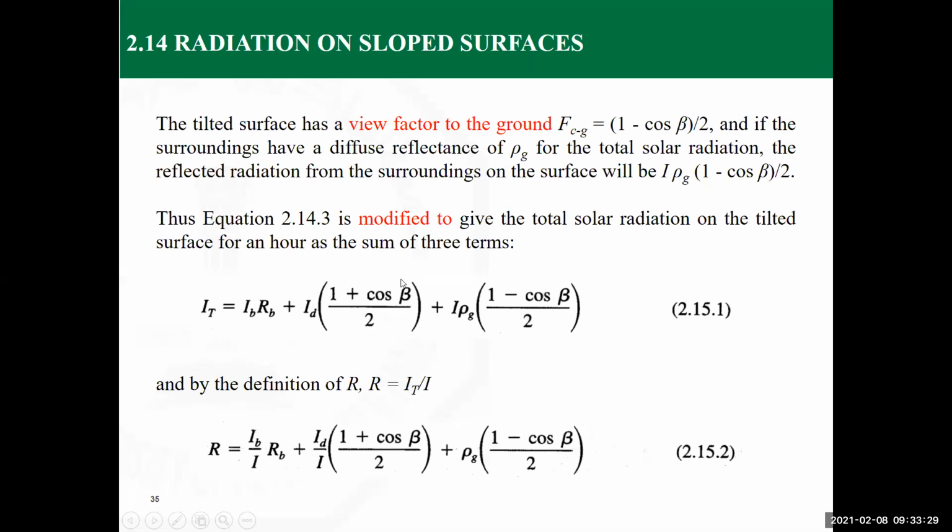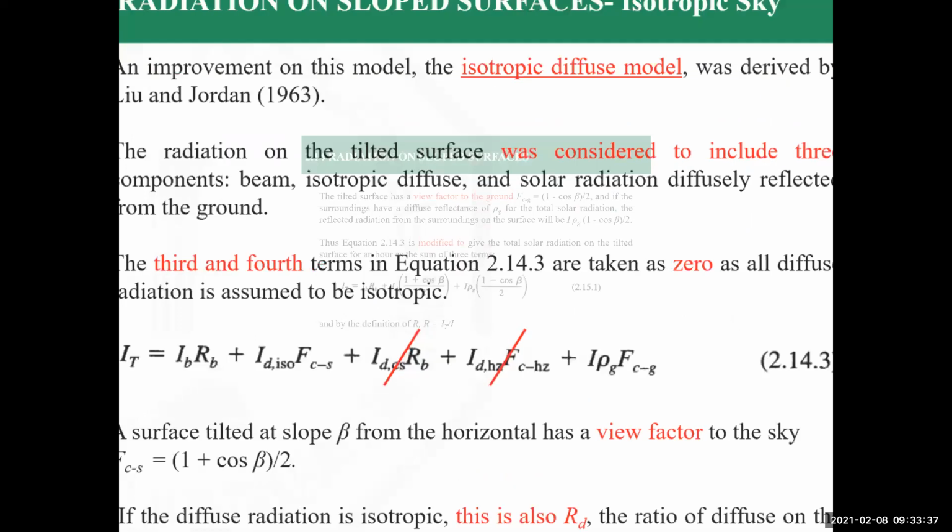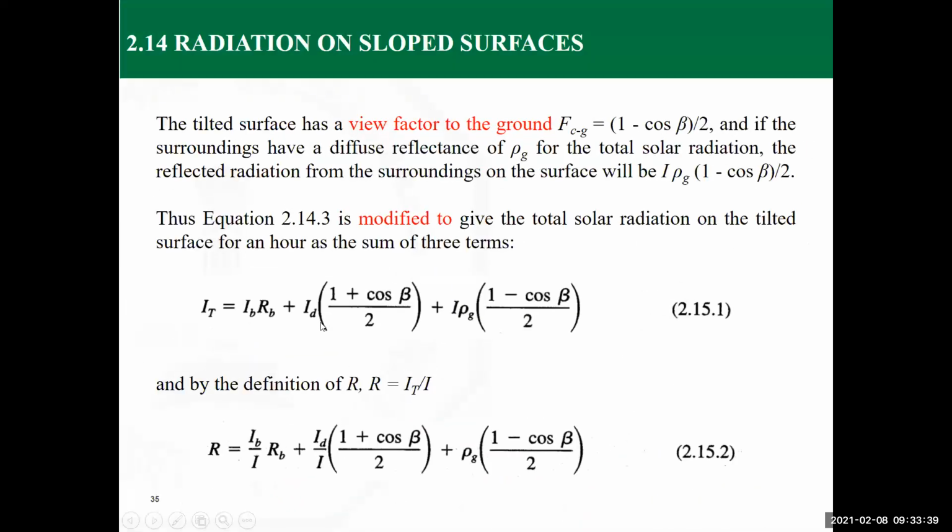This is the only representation of the diffuse component because we're talking about what we call the isotropic model. And for the isotropic model, it is independent of the direction. So just one component of the diffuse radiation is considered, ID, and the shape factor is considered. And finally, the reflected energy from the surroundings with the shape factor accounted for here.